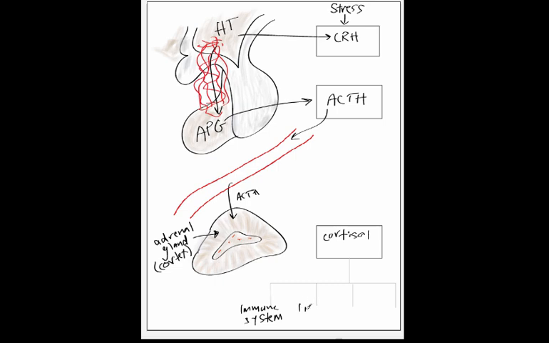There are receptors in the liver, receptors in muscles, and also in adipose tissue. There are other places we'll find receptors for cortisol as well. And these collectively are called glucocorticoid receptors.